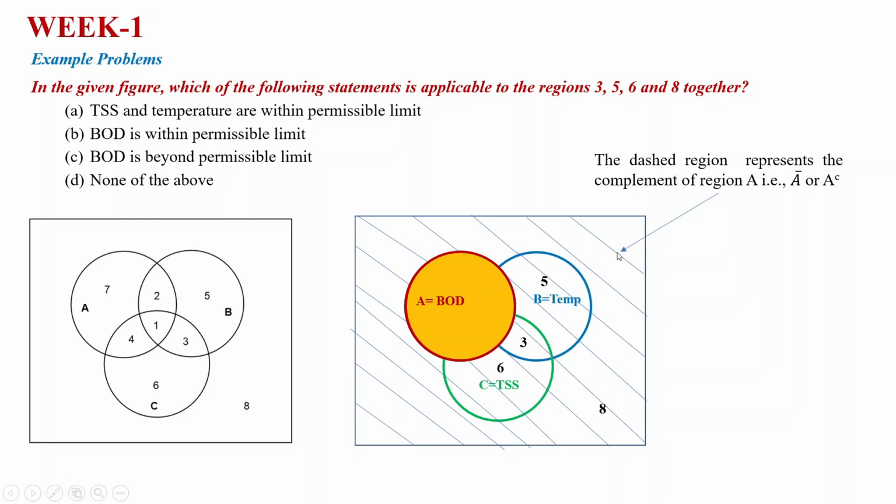Can you see the slide? That dashed region represents the complement of region A, right? Sir, your voice is not audible actually. Maybe there is a network problem.